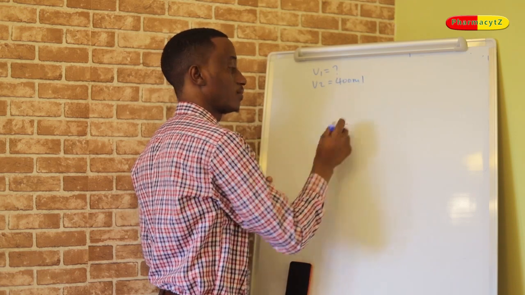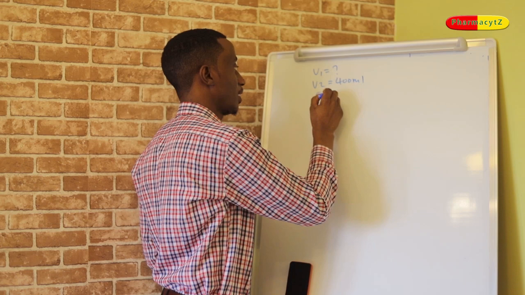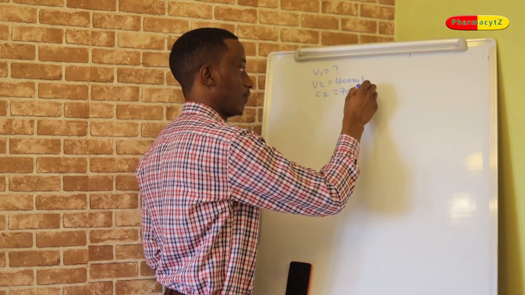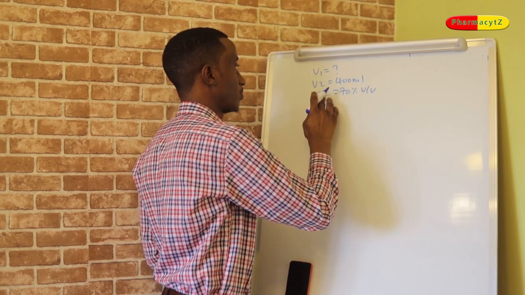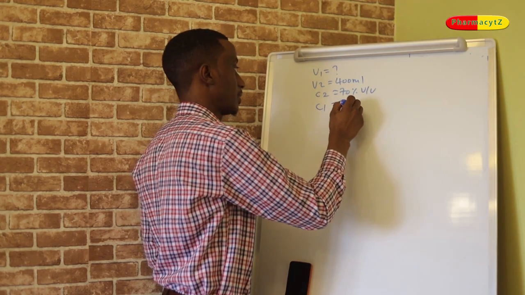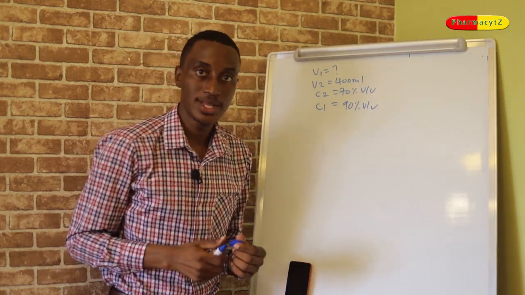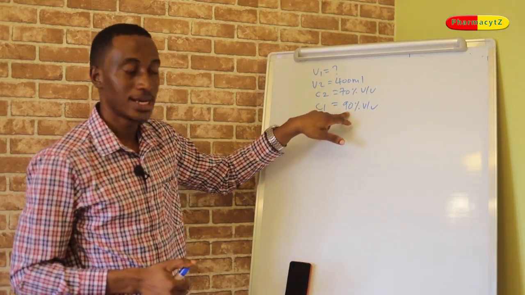We need to prepare volume 2, of which concentration 2 here will be 70% volume in volume, and concentration 1 will be 90%. This simply means that in your laboratory you have alcohol 90%.